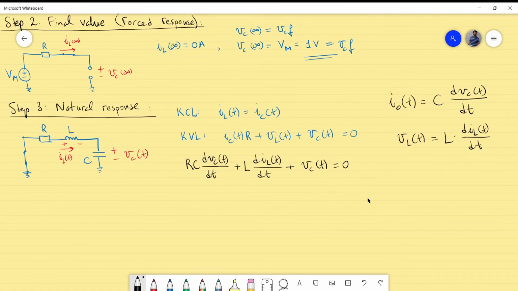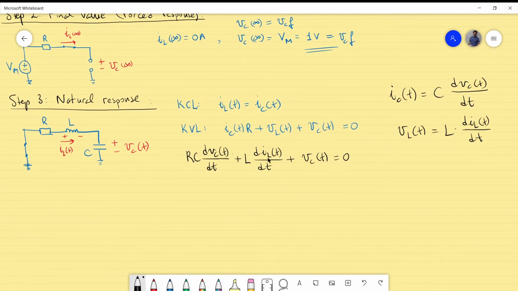So what we would like to do now is replace IL by IC because they are equal, and I will use this formula again to replace this, and I will move this to the left, such that the second derivative comes first, the first derivative comes after that, and then the zeroth derivative comes in the third place.